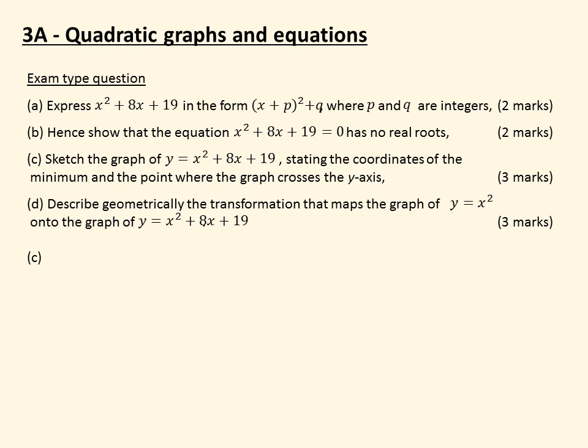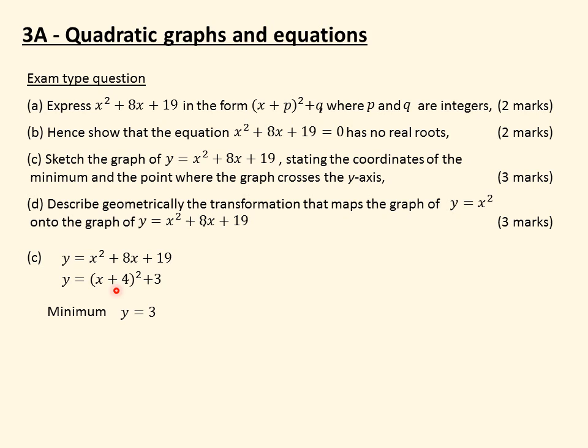Part C, we need to sketch this graph, stating any parts where the graph crosses axes and where the minimum point is, the vertex of the graph. If we look again at the completed square form, we can see, like in part B, the smallest value y can be is 3, because the squared part, x plus 4 squared, the smallest value that can take is 0.